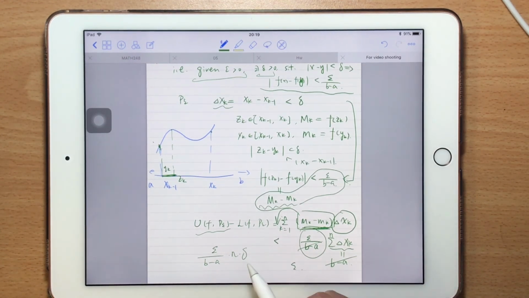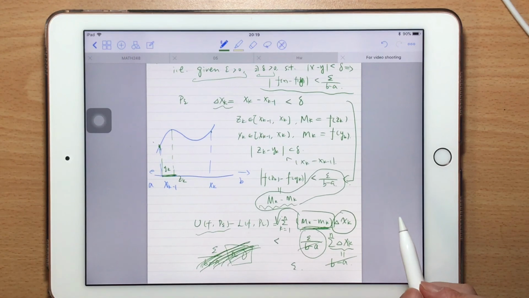But then you would also have to think about what n times delta is going to be like, and that takes a step back from what we want to prove. So just drop it.